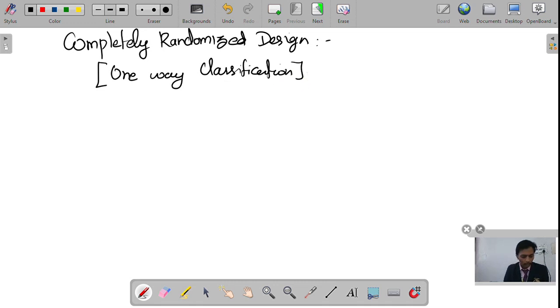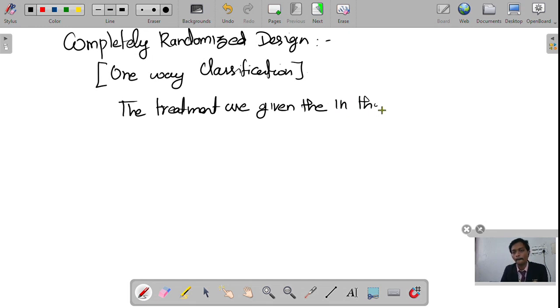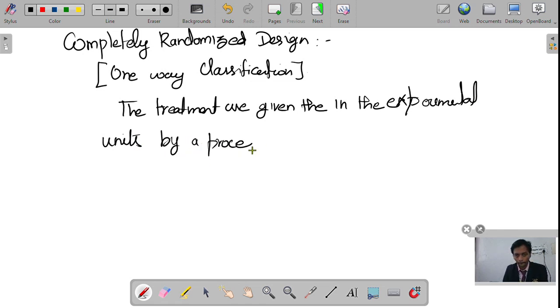In a completely randomized design, the treatments are given to the experimental units by a procedure of random allocation.